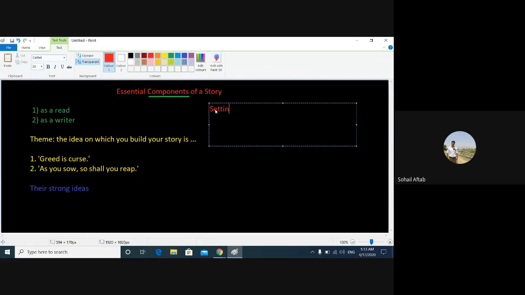Setting, in fact, tells you where the story took place or takes place, and its time period.